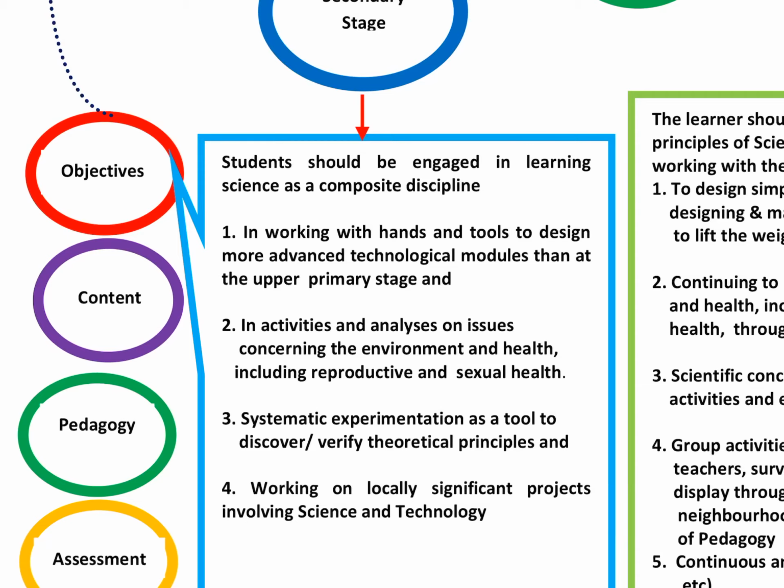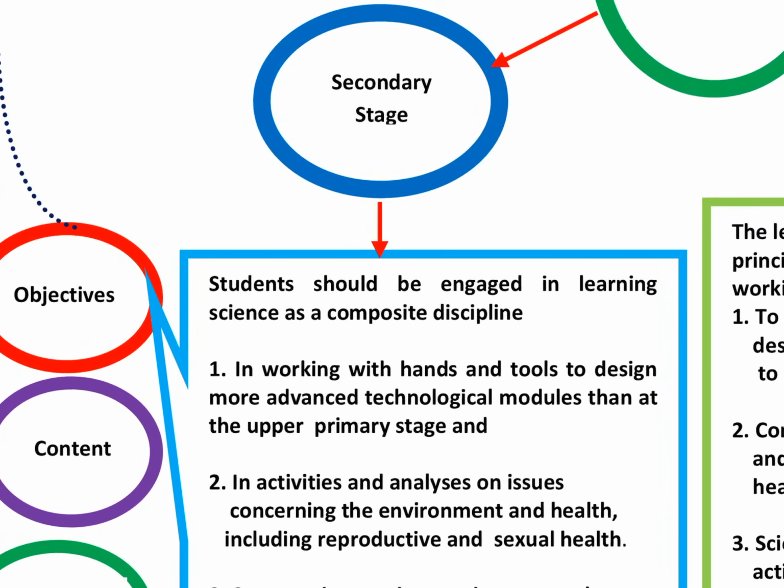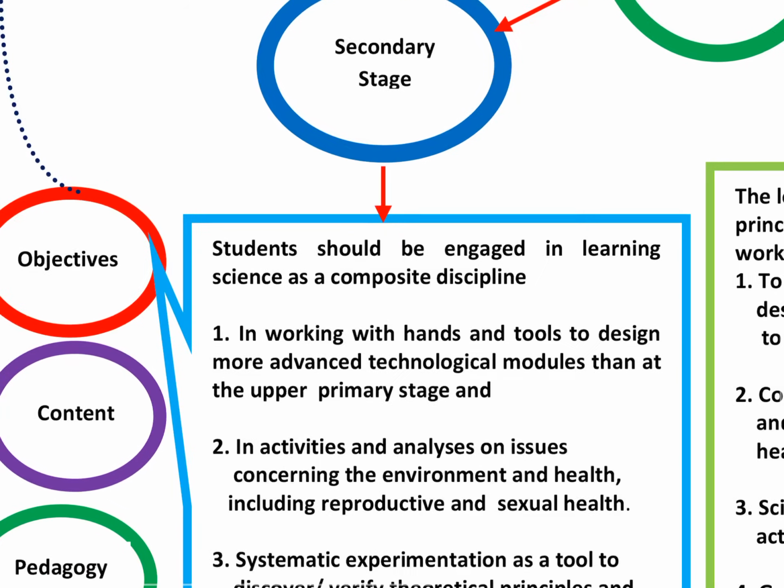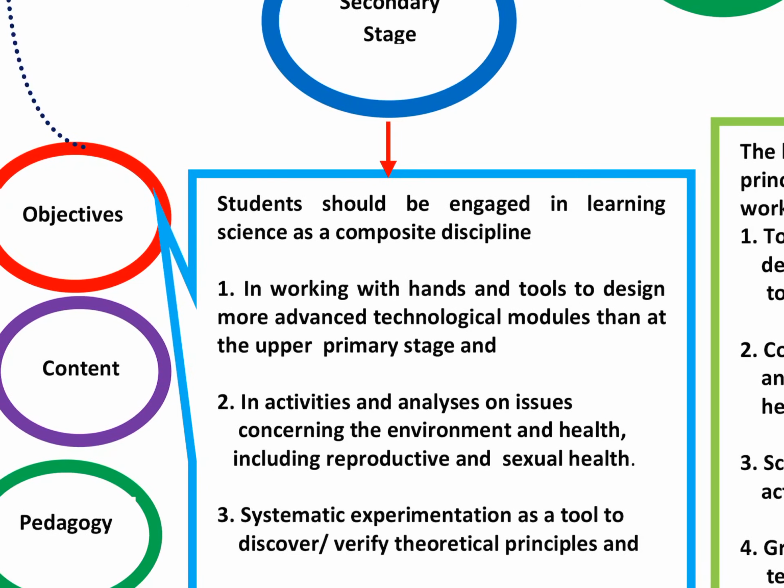Even in this upper primary also science is integrated subject, and even in now this secondary stage means class 9, 10. So there also science is to be taken as a composite discipline, not specialized or separate disciplines.